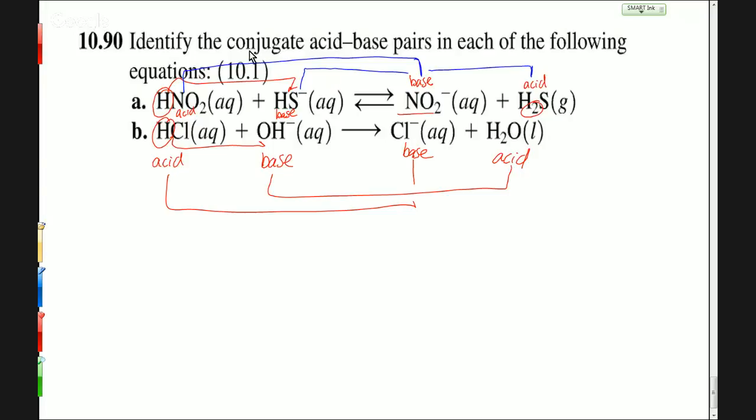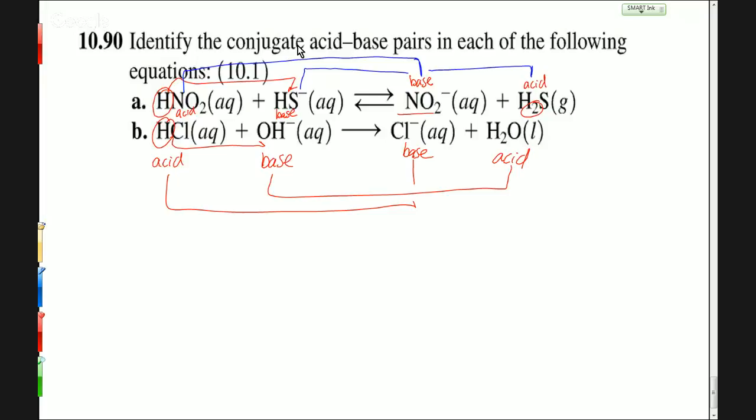So first we have to determine the first part of the reaction. You can start on either side, whichever one is clearer to you.